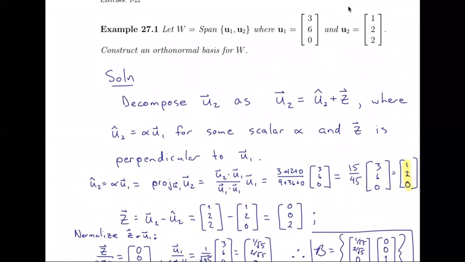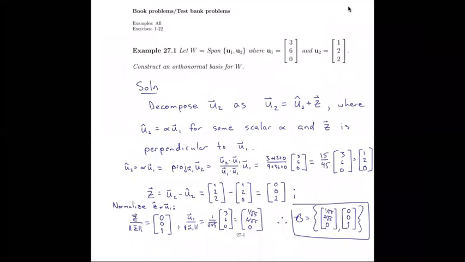That's U2 hat. This is the component of the vector U2 that's parallel to U1. Observe, it's redundant information as far as a span or a basis is concerned. (1, 2, 0) is just a scalar multiple of (3, 6, 0). So we can subtract that out of our vector U2 to get the component of U2 orthogonal to U1, Z, and that'll be the vector that we really want.